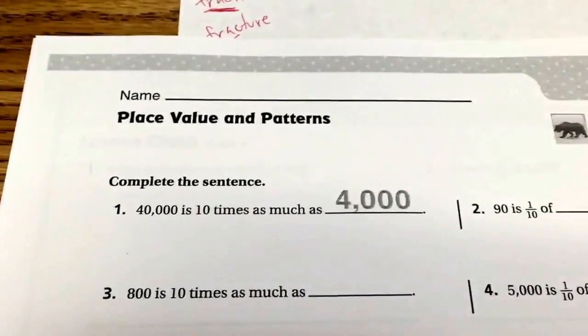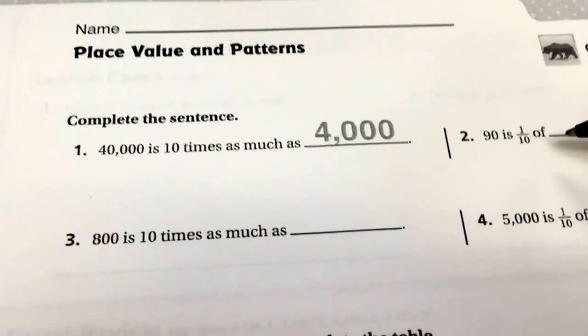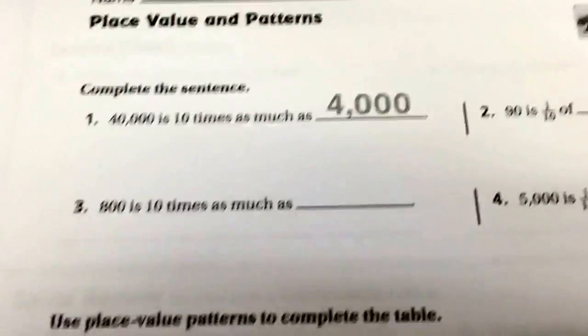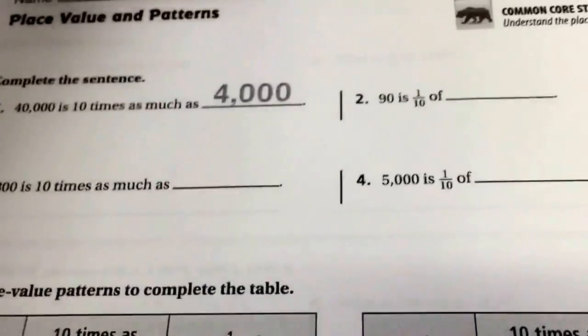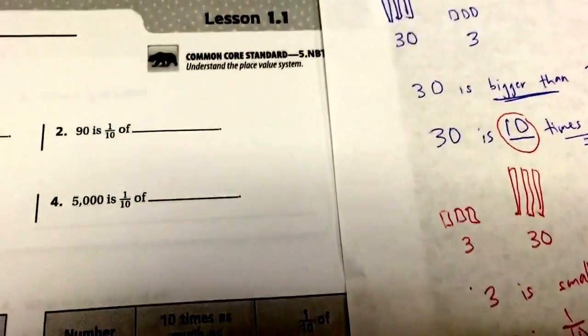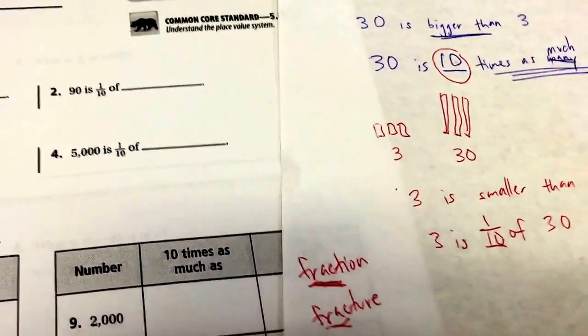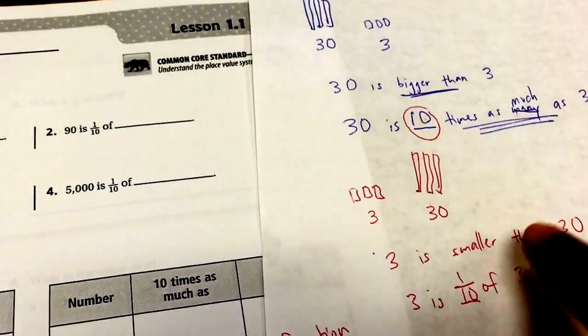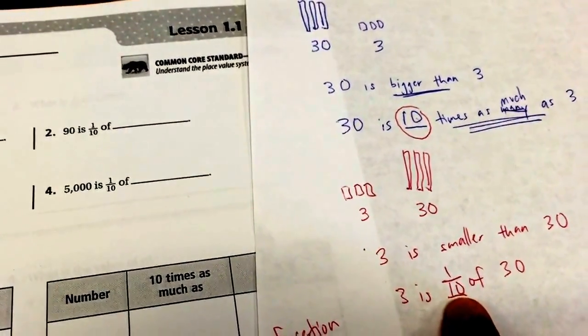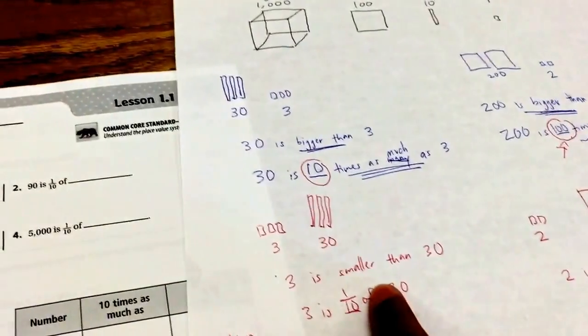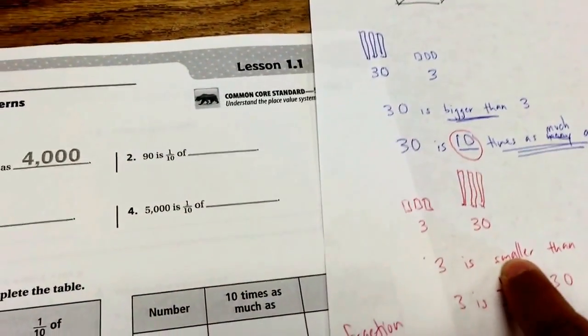90 is 1/10 of blank. Now we're going to try to mimic and model what we did in the example ones prior to the video. And so first off, when we say is 1/10 of, are we saying it's bigger than or smaller than? Now let's look at our notes. Here's an example of the 1/10 of, and it's our red ones. And we see that it's smaller than.